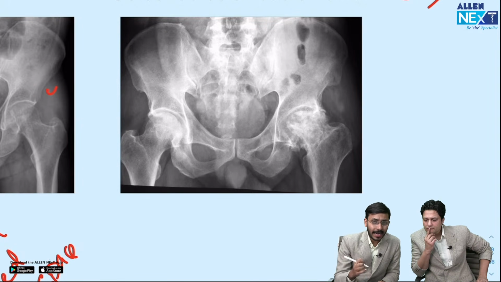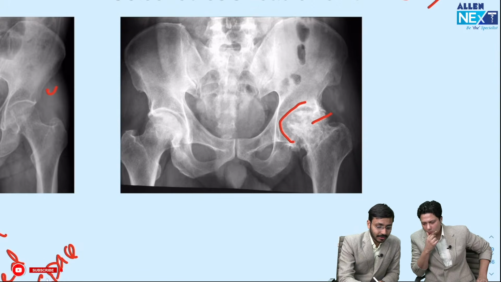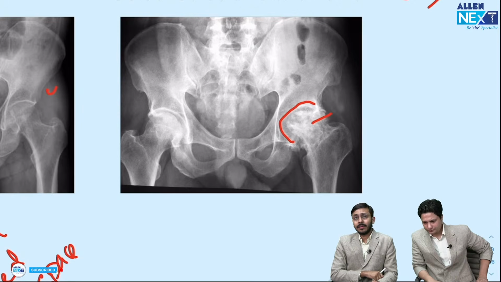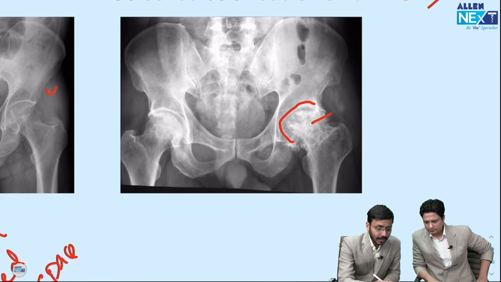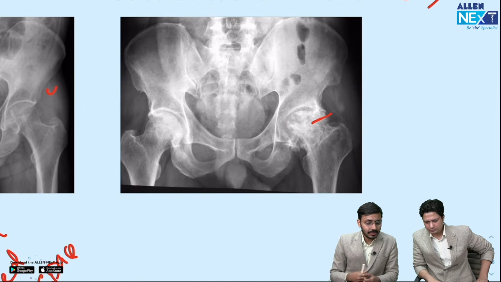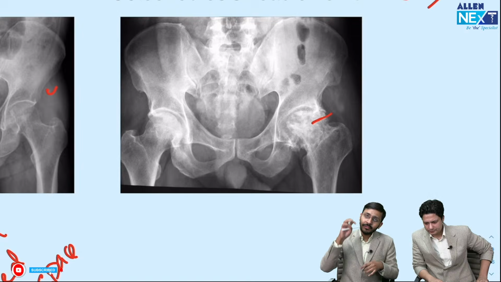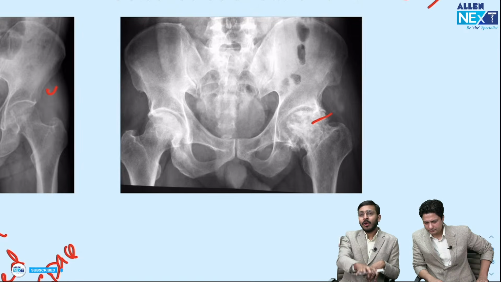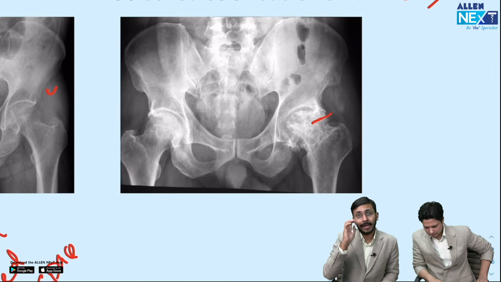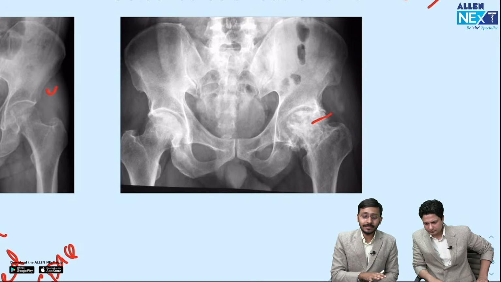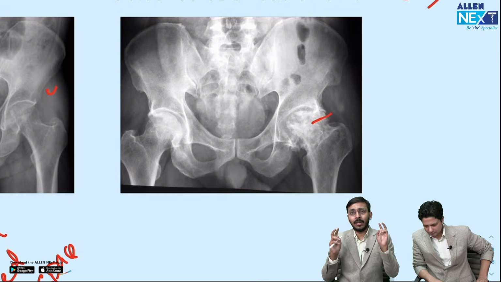So even though the head is so deformed and destructed, the joint space is not so severely affected. The acetabular surface is not so much involved as the femoral surface, so it is an asymmetric involvement. The femoral head per se is more involved. The joint space is still maintained in this disease, and the head has sclerosis.